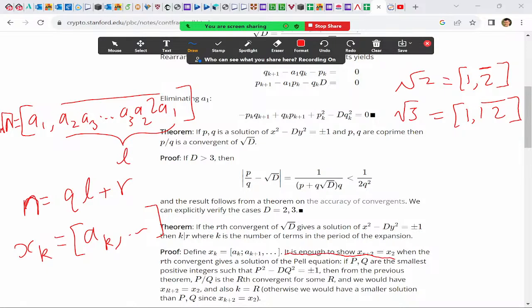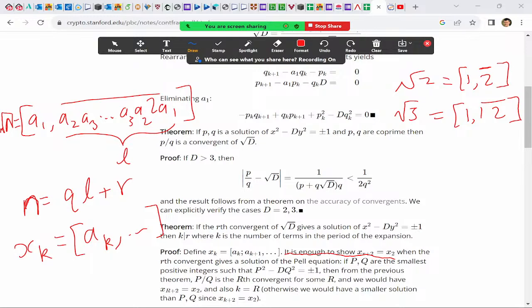It's enough to show x_{r+2} equals x_2. So why is it enough to show that x_{r+2} equals x_2?